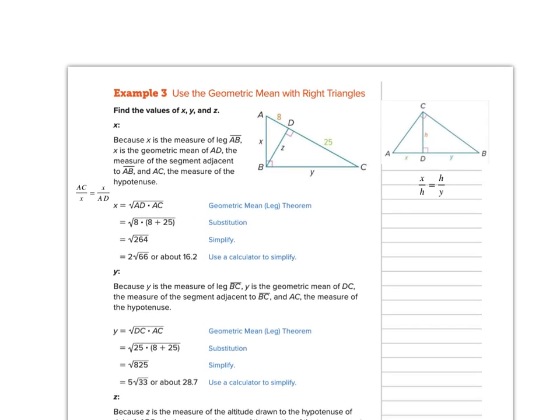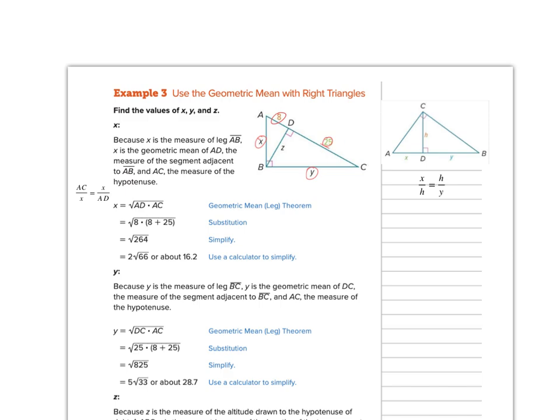Again, using the geometric mean with right triangles, they told us that this over this should be equal to this over this. Doesn't do us a lot of good in this instance because we can't solve for x and y at the same time. But what can we do?